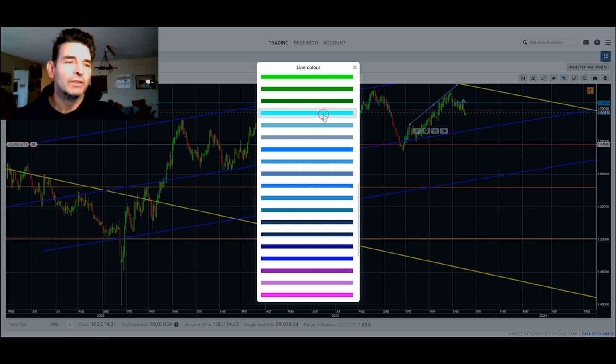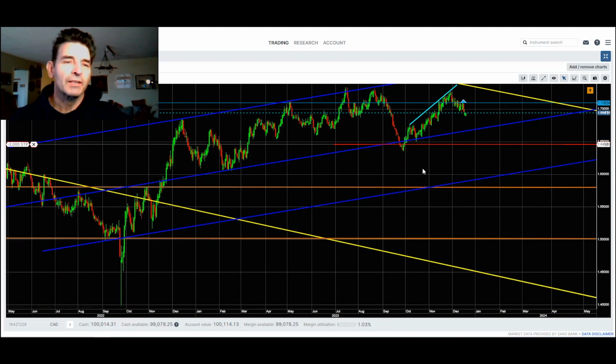This turquoise. Okay, and let's just extend that out a bit more, like so. Then we would have doubled that, and could have brought that down here and said, okay, this is the trend. Rather than entering here, we'll wait till we're at the bottom of that wave 3, which would have been here.